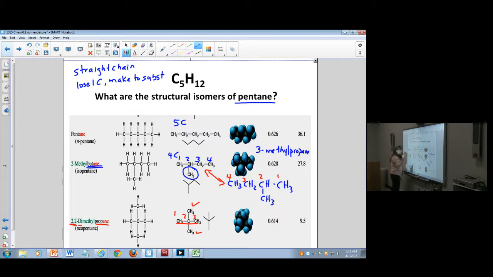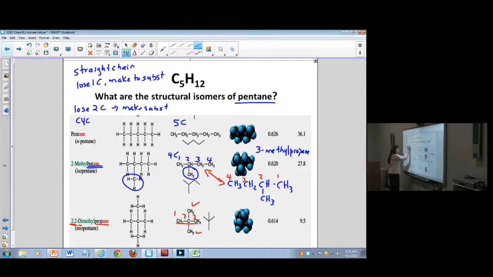We went down one and made a substituent here. After you found everything possible for the loss of one carbon and making a substituent, then you look to lose 2 carbons from your chain and make substituents. And you do this over and over and over until you get as many as you possibly can.